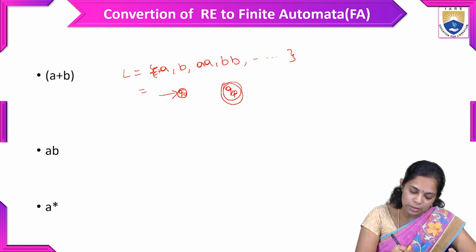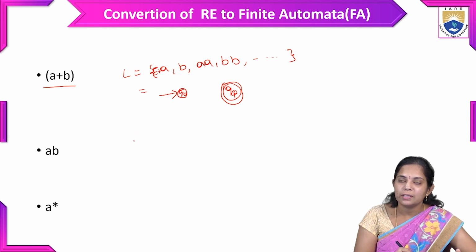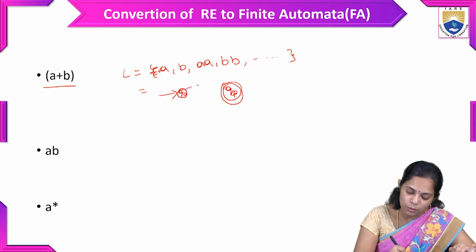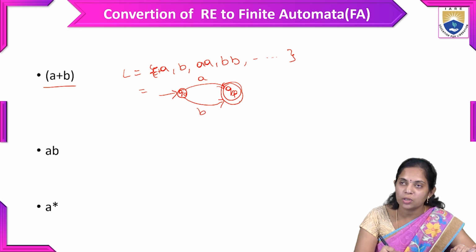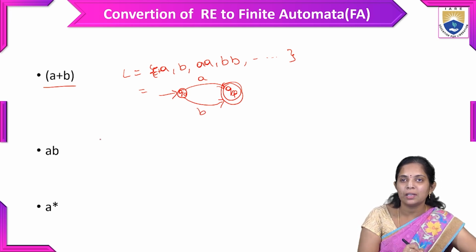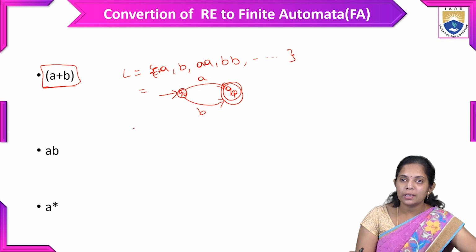So here the regular expression starts with either a or b, and that is denoted like this: either it starts with a or b, it reaches the final state. This is how we construct a finite automata for a given regular expression when we see this kind of expression.